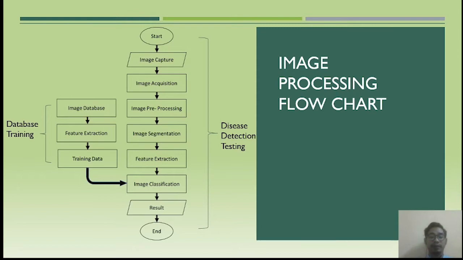Before that, the data from the feature extraction will be compared with the training data to obtain the name of the disease, to obtain the image classification result. Lastly, we get the result, which is the name of the disease, area of infection, and accuracy.